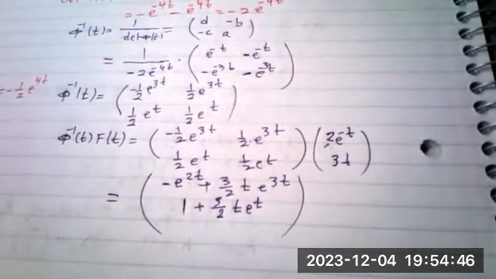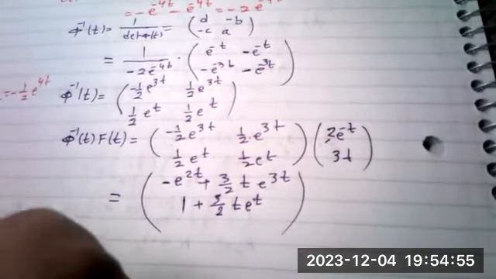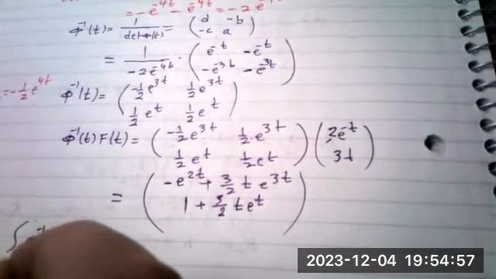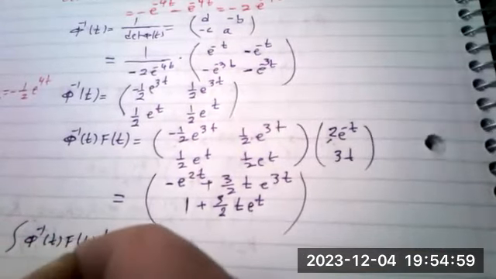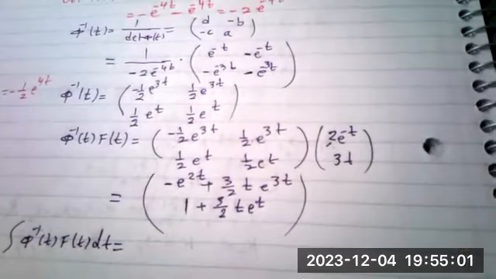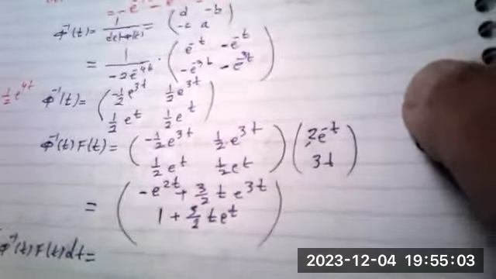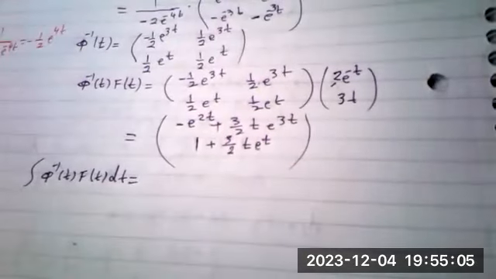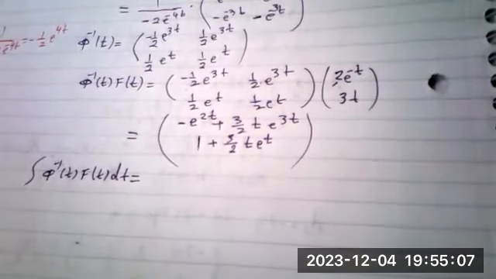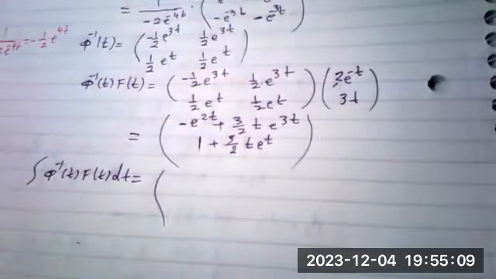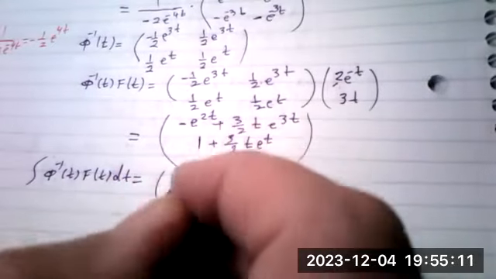Now you have to integrate it. You integrate by integrating each row separately. So the integral of phi inverse of t, f of t, dt. You go to the matrix and you integrate each entry separately. So what's going to be the answer? I write it down, then I do it.